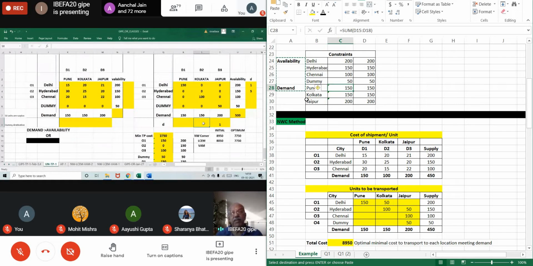And 15 and 25. Again 5 is the highest. In that I have only 2 costs, 20 and 25. So 20 is the minimum. There I can give 100. Obviously 50 will be here, and this 50 will be from Jaipur.